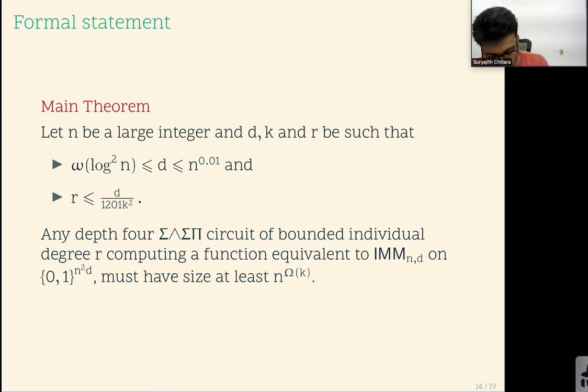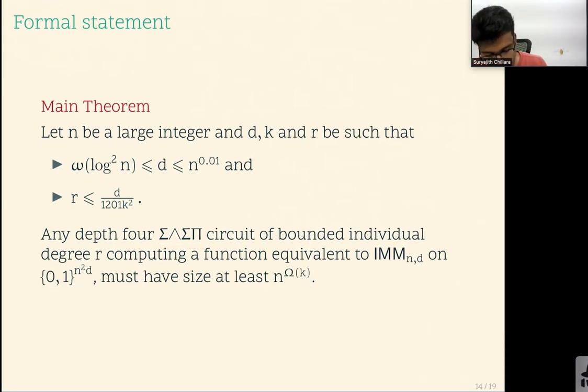For a certain range of d, k and r, and a large integer n, we show that if there is a polynomial p of bounded individual degree r that is functionally equivalent to IMM n comma d on 0 1 power n square d, then this sigma power sigma pi expression must have size at least n power omega k.